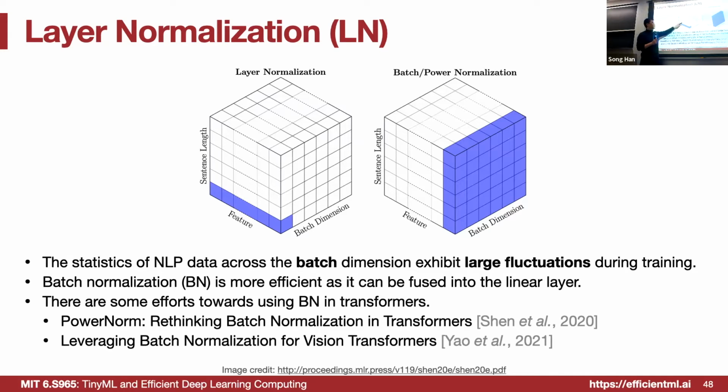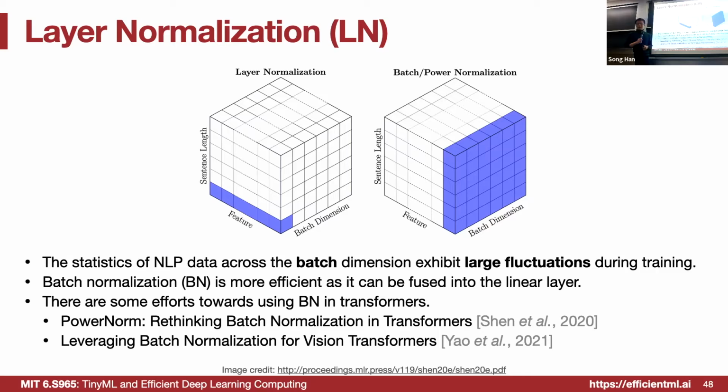So we want to normalize each token. For each token, we want them to be centered at 0, with 0 mean and variance of 1. So that is the motivation for the layer norm.